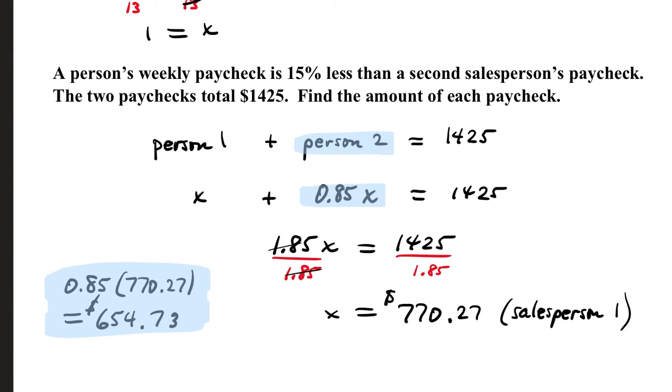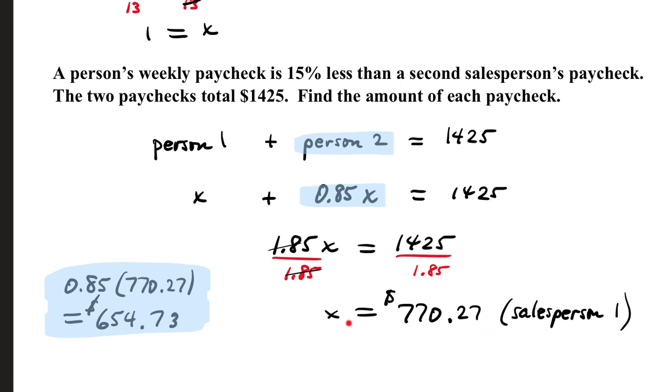If the other salesperson's paycheck is 15% less, then that means they're only getting 85% of what the other person's getting. That totals out to 1 plus 0.85x, because there's an unwritten 1 here. Take your total, divide it by 1.85, and you get $770.27.